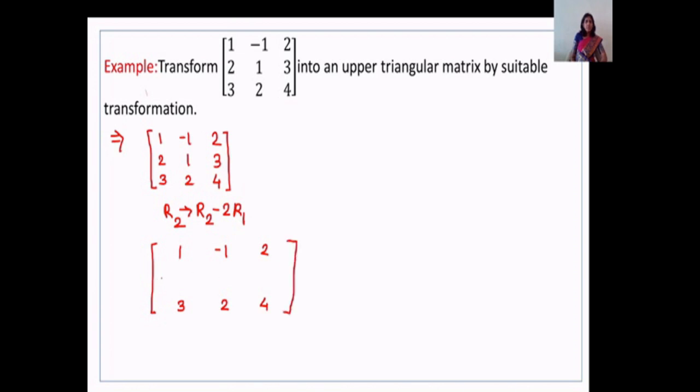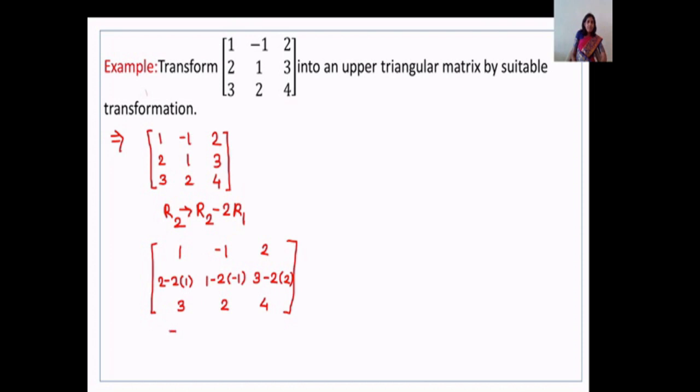What is R2? R2 is 2 minus 2 into its corresponding R1. What is R1? R1 is 1. Then next R2 is 1 minus 2 into minus 1. Then next R2 is 3 minus 2 into its corresponding R1 is 2.